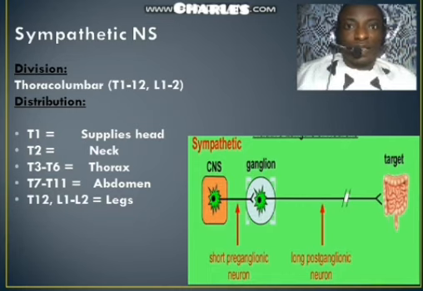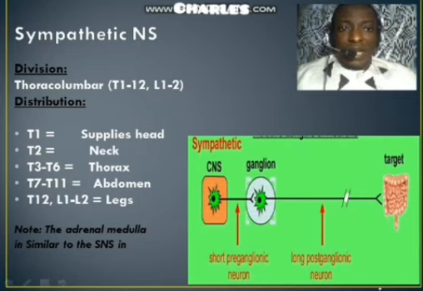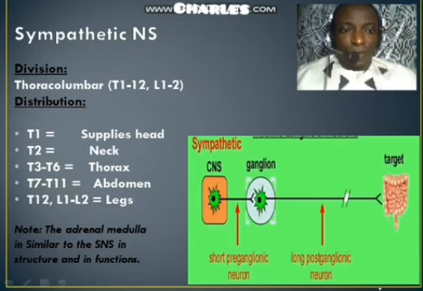Note that the adrenal medulla is similar to the sympathetic nervous system in structure and function. The adrenal medulla is a part of the adrenal gland. The adrenal gland has two major parts, the adrenal cortex and the adrenal medulla.